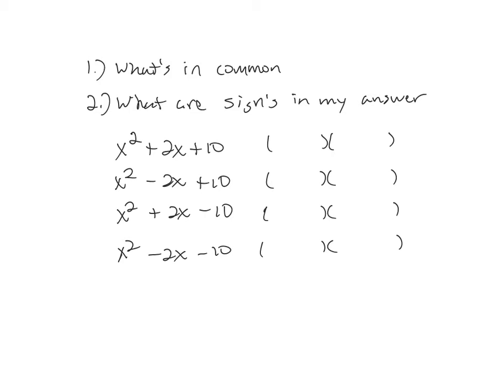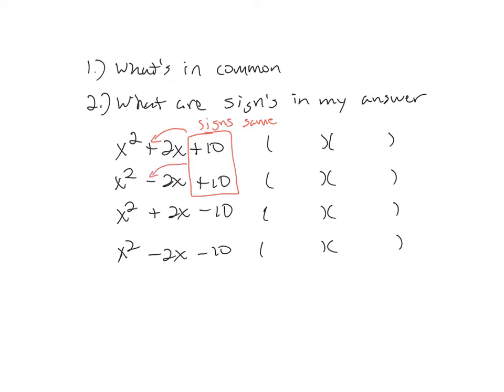Okay. And so the first thing you start with is the 10, the last number. So when the last number is positive, the signs in the answer are the same. They're either both positive or they're both negative. Okay, how do you know which one to use?